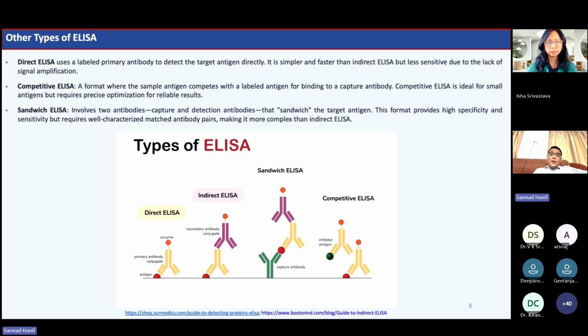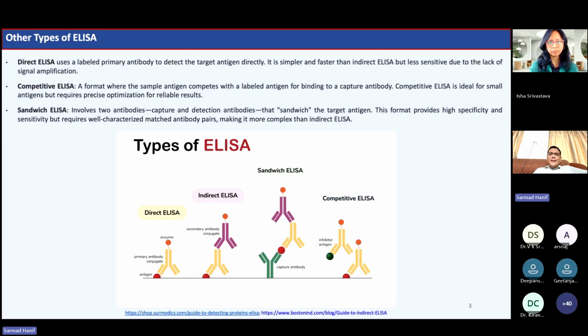If we are running a batch of, for example, any of the fermentation batches we are doing for the development of the antigens, which we want to take ahead for the injection in the mice or any of the other animal models, and we want to quantify the antigen concentration per ml or maybe higher than that in terms of the yields, we do the competitive ELISAs with regard to the standards, and then we estimate our antigen.